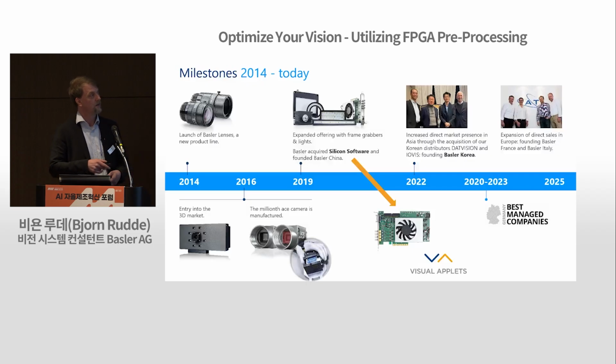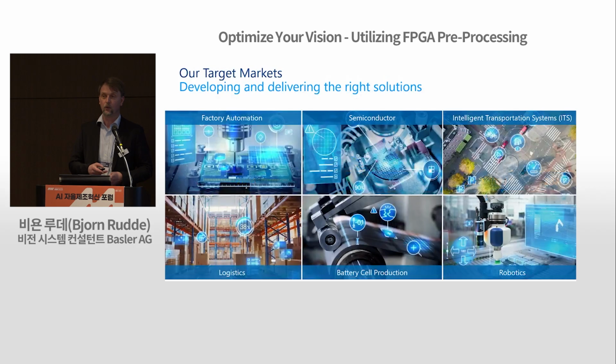Shortly after that, Basler Korea was founded by acquiring two distributors. Now we are here today at the Korean Vision Show, where we have a lot of customers interested in the different target markets we are focusing on.